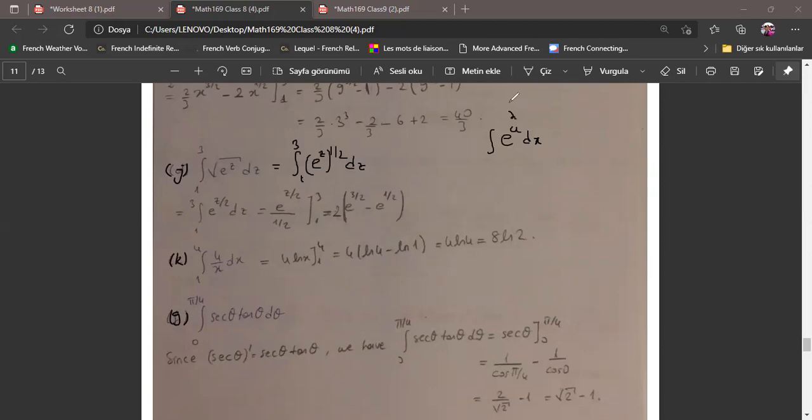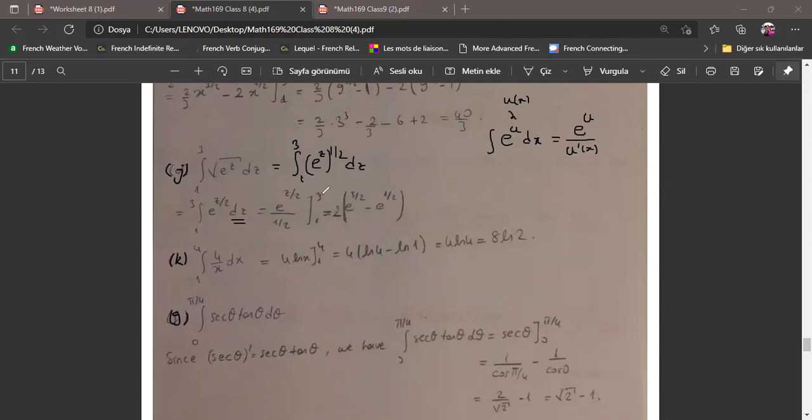Here I assume that u is a function of x, okay? So the integral of that is e to the u over u prime of x, okay? So here we have z, right? So we write the function directly, then we take the derivative of that with respect to z, okay? So it's 1 over 2, thus we get 2 times e to the z over 2.